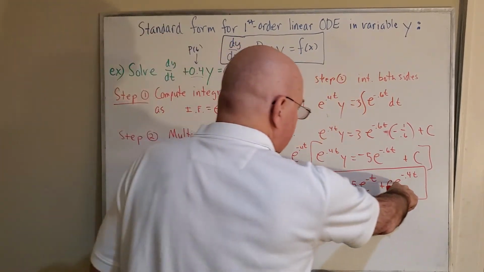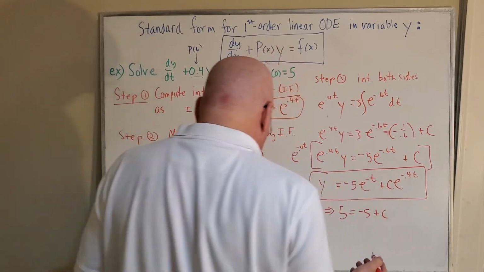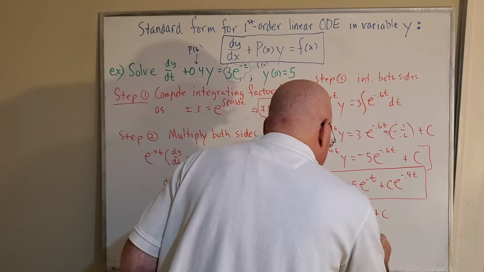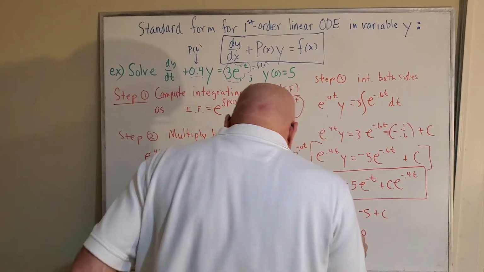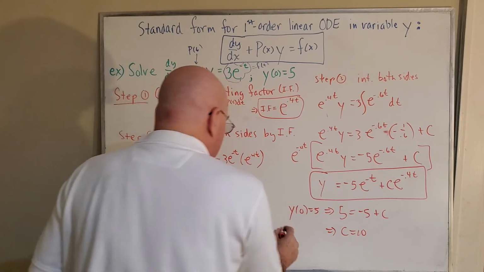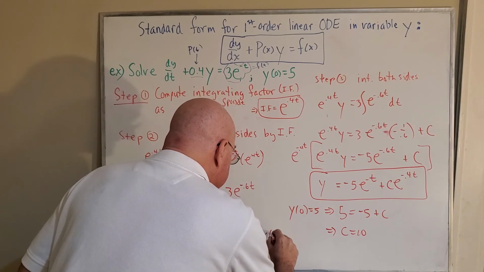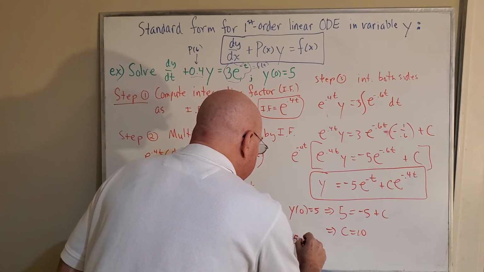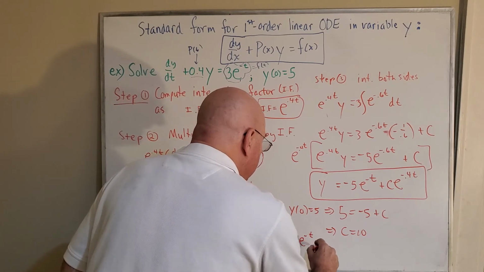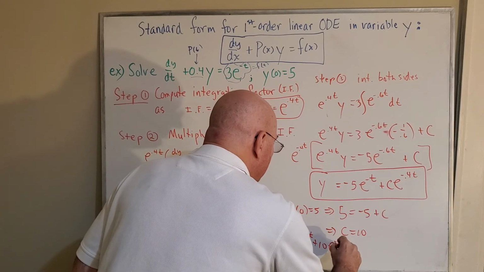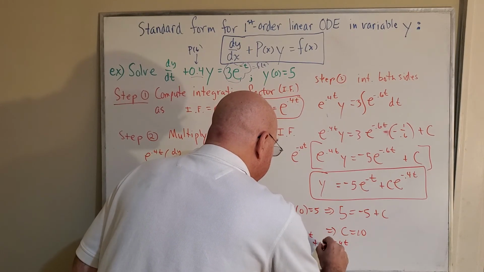And when t is a 0, that part's going to be a 1. So c is just going to be 10. And that gives us the solution. This time I'll write it like y of t equals negative 5 e^(-t) plus 10 e^(-0.4t).